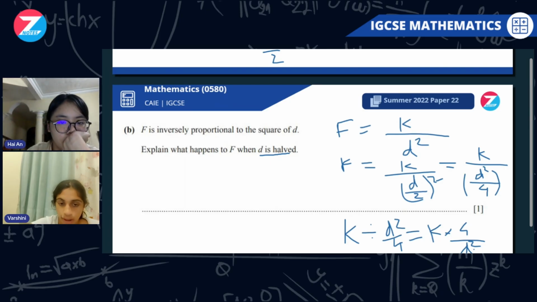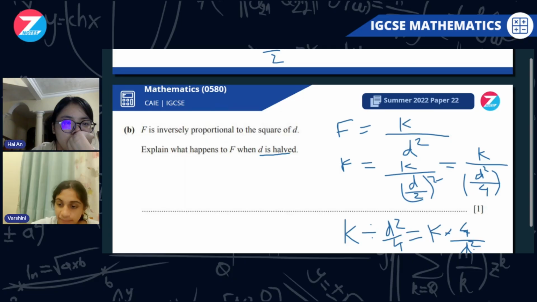We want to know what happens to f when d is halved. So we can look at this equation, f equals k divided by d squared by 4, and when you divide by d squared by 4, the 4 is going to come in the numerator, like we said. It is going to be equal to k into 4 by d squared.